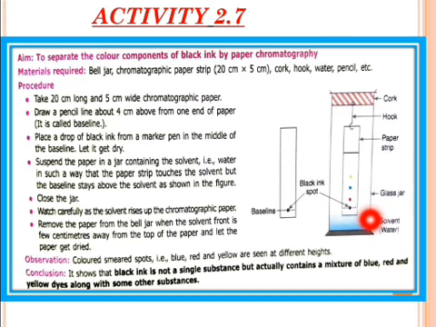As the solvent, that is water, rises up the paper strip by the capillary action of water, it takes up along with it the dyes present in the black ink.